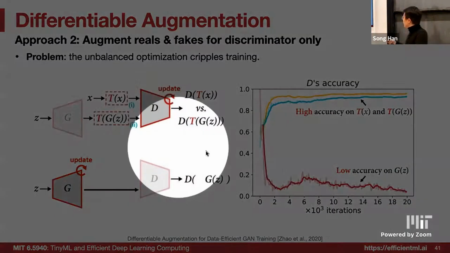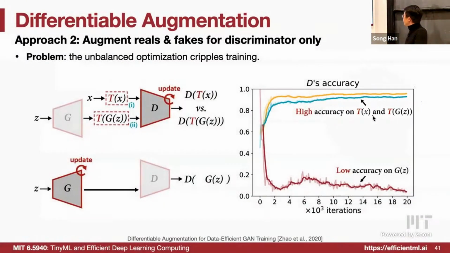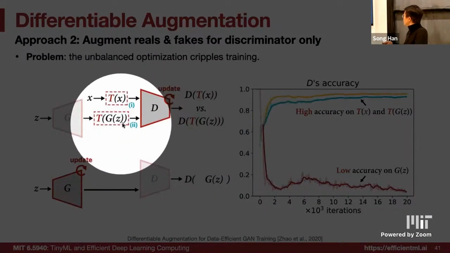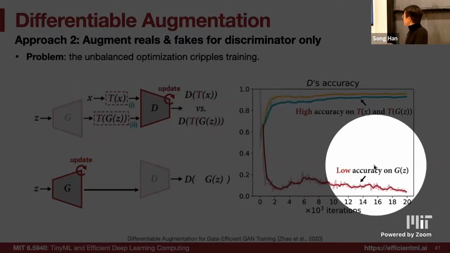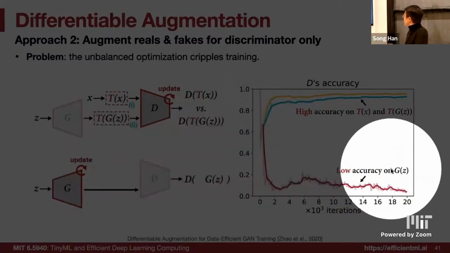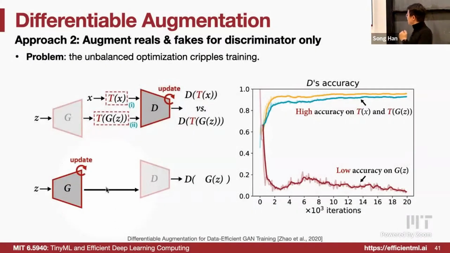So we find it has very high accuracy on T(x), on the fake image, the generated image after the translation, but it has very low accuracy on G(z). This is the G(z) without the translation. So this accuracy is highly imbalanced.